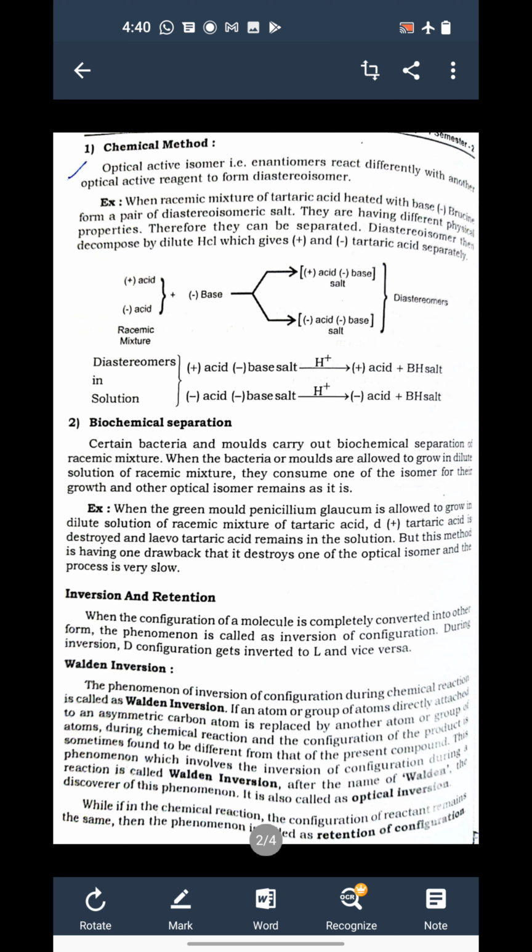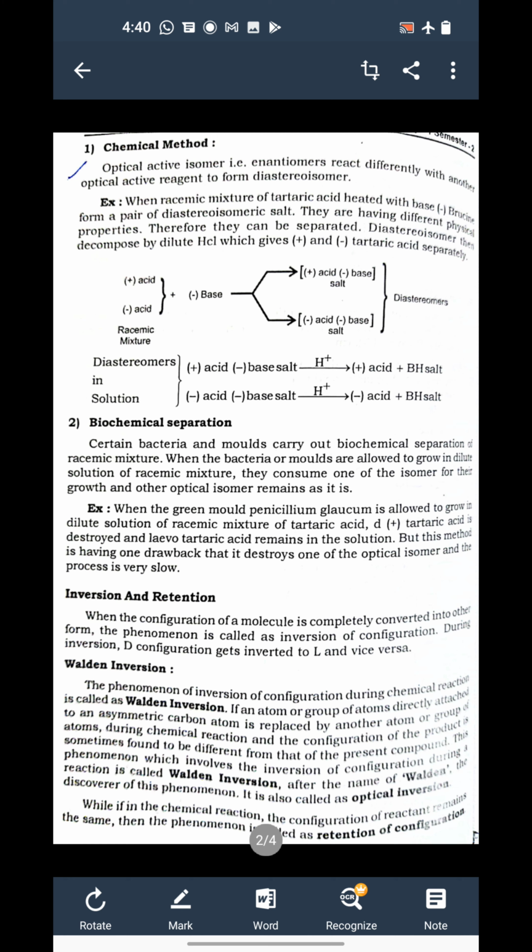So after adding Penicillium glaucum to the dilute solution of racemic mixture, after some days we get only L minus tartaric acid as the remainder. So we get an optically active isomer from a racemic mixture. It is one of the methods of resolution.